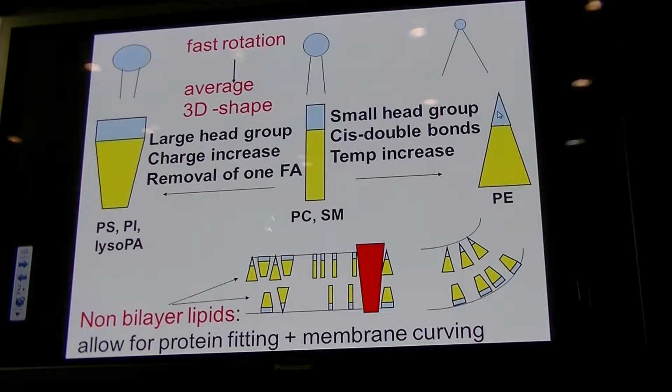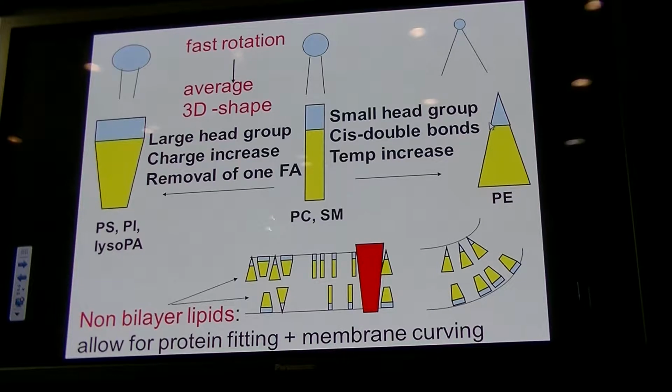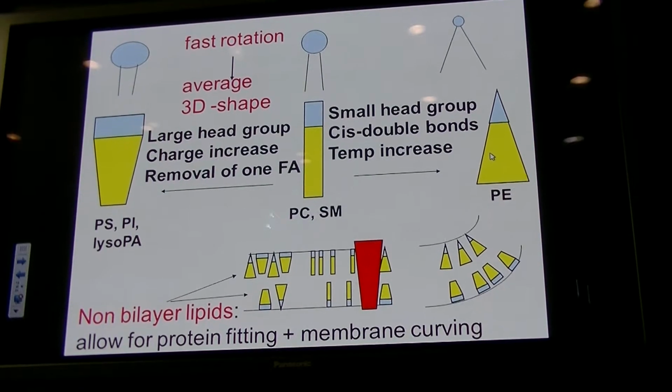On the other hand, if we have a very small head group, such as ethanolamine as the alcohol esterified to phosphate, you have a very small head group. You get this type of shape, the inverted cone.